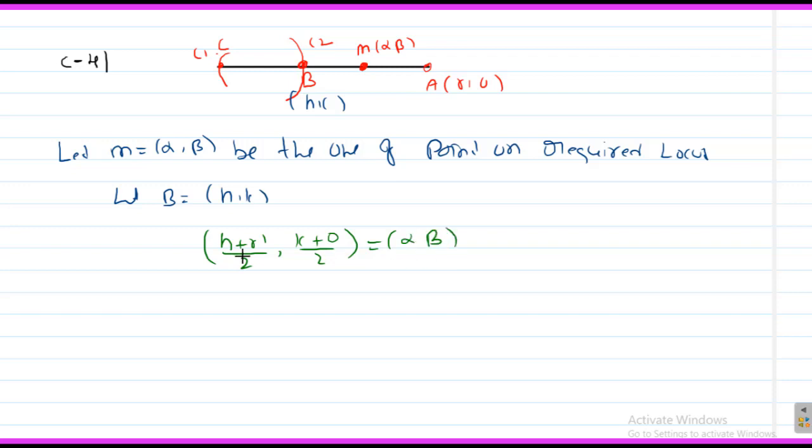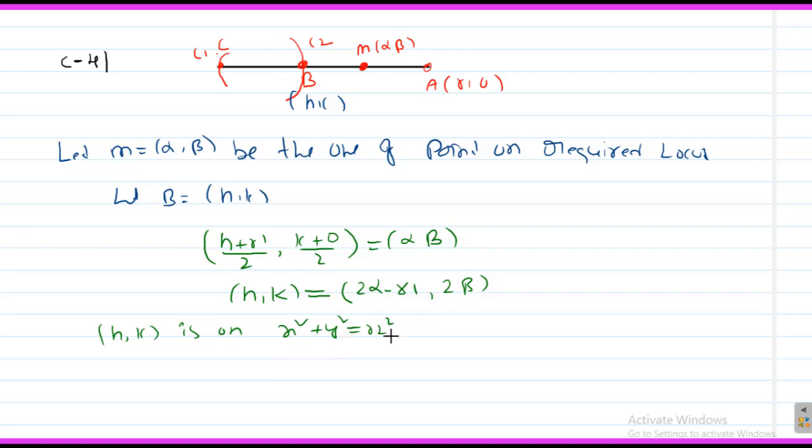So h comma k is 2 alpha minus R1 comma 2 beta. So h comma k is a point on C2, on x square plus y square equal to R2 square.